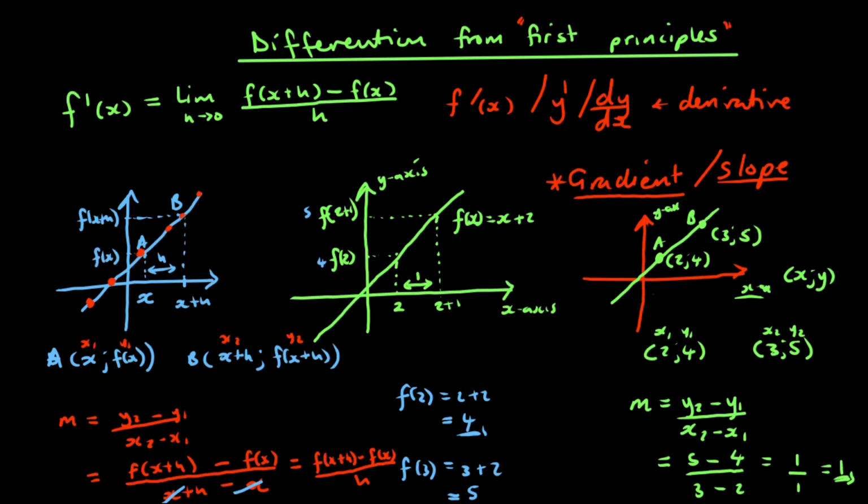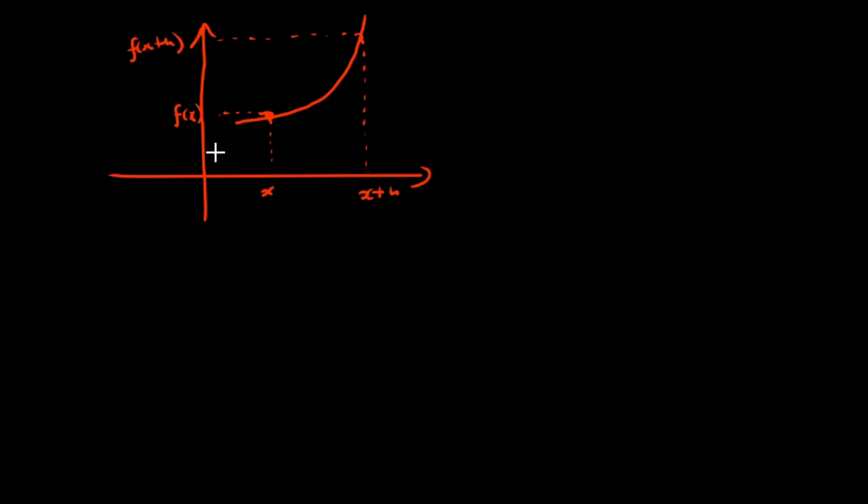But you see that if I am to calculate the gradient of a line that passes through these two points like this, that is what we called M that time when we were calculating.